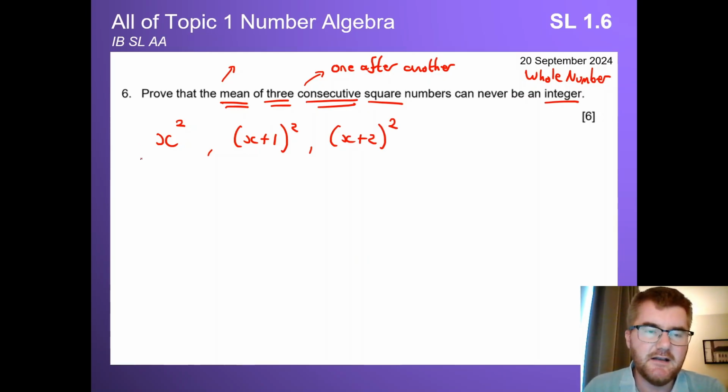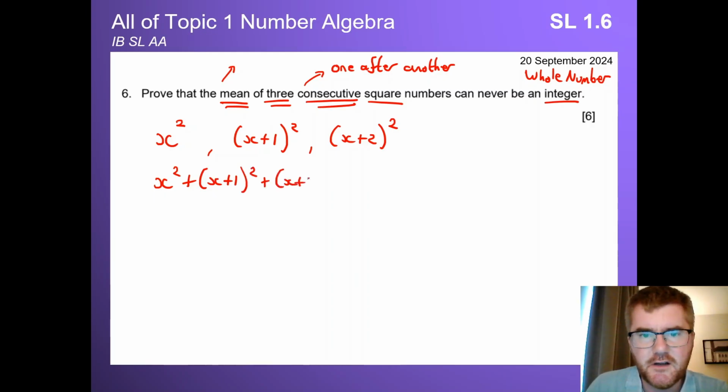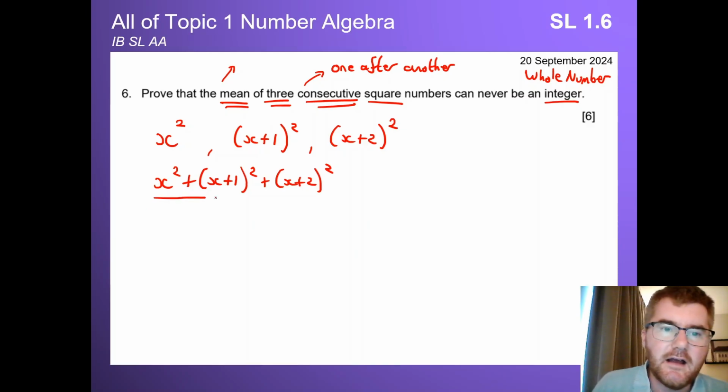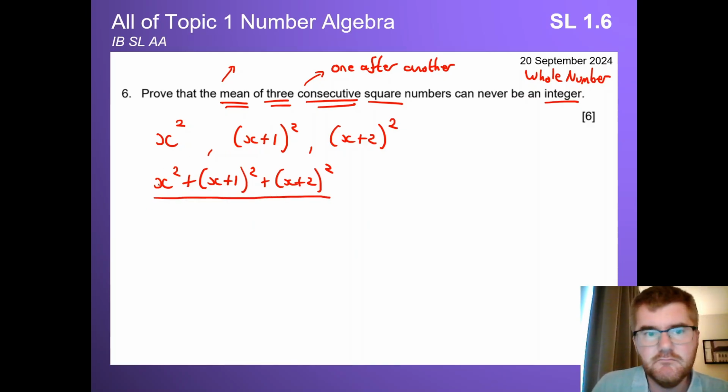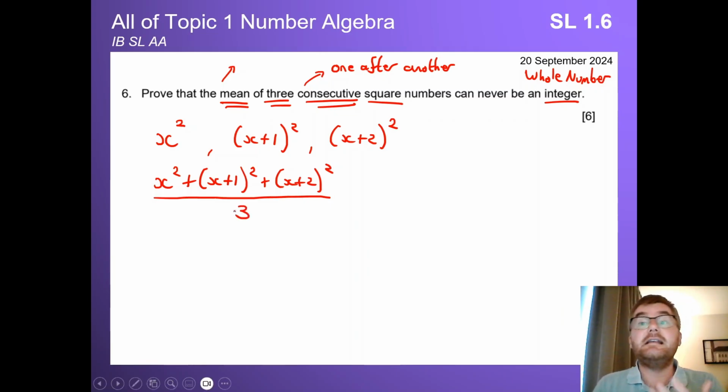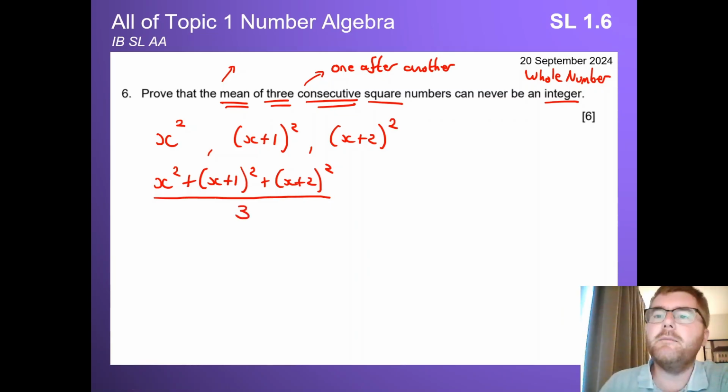So we've got x squared plus x plus 1 all squared plus x plus 2 all squared. If we add up all these square numbers and divide by how many there are, so there are 3 numbers, that apparently is not going to be an integer. Now don't worry about that part.